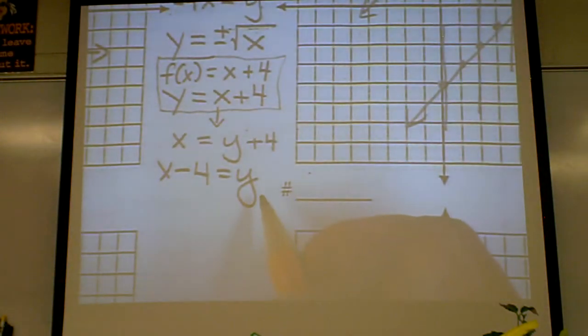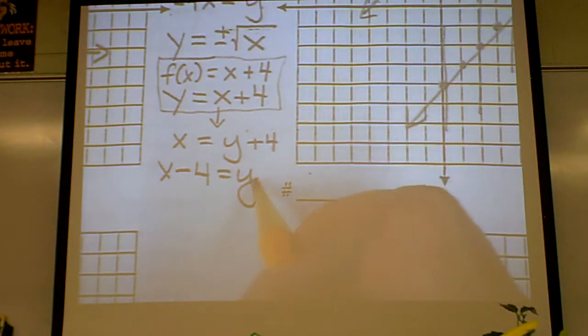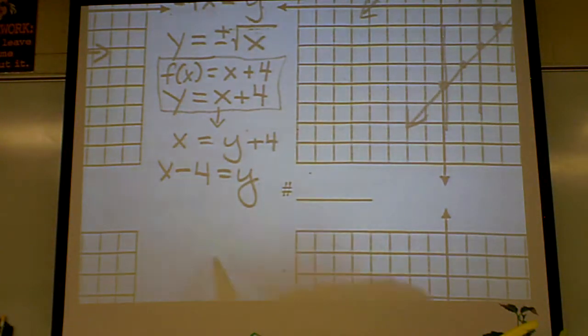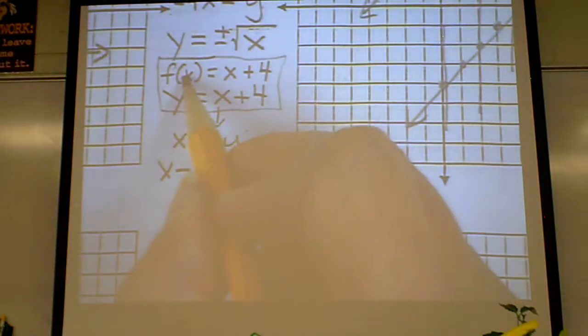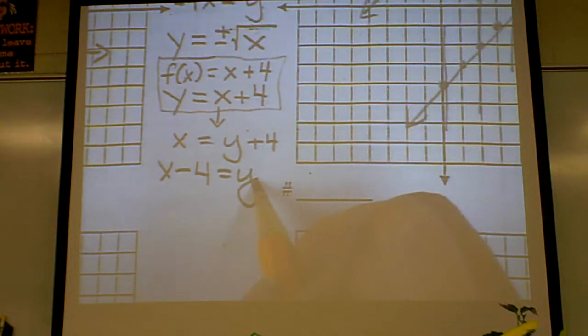How is anyone going to know that I took this, and this is the inverse of this? So now I want to use function notation. If this is called f of x, I can't call this f of x too. There's a special notation for inverse.